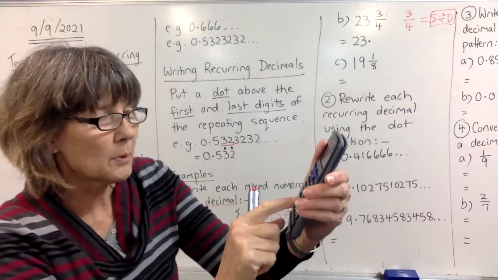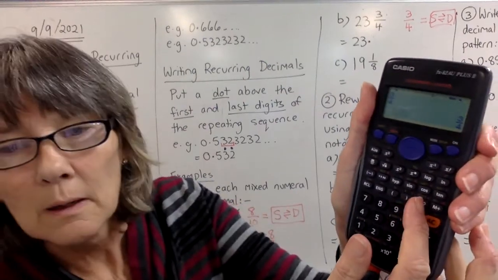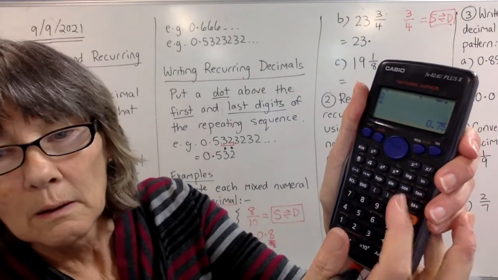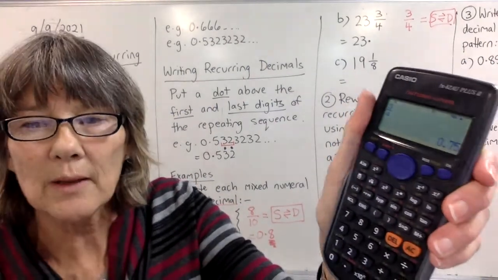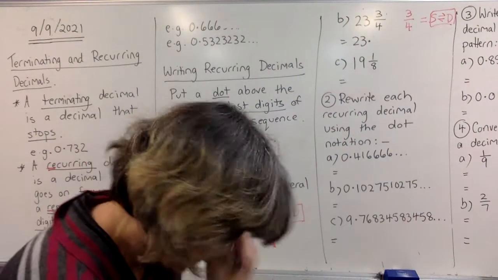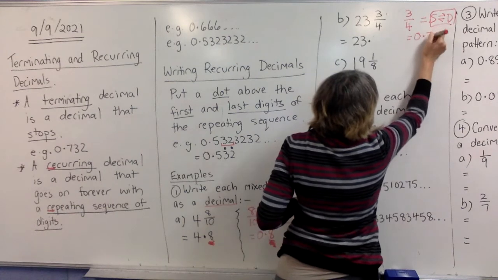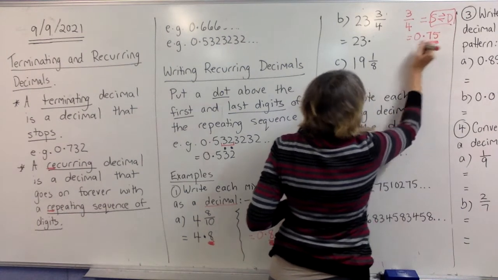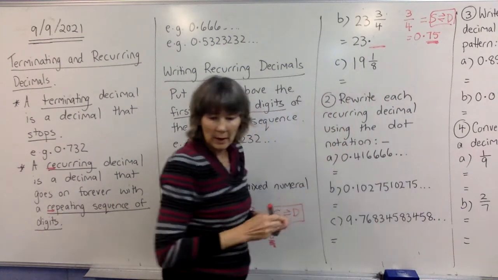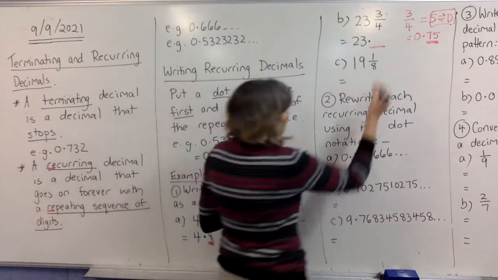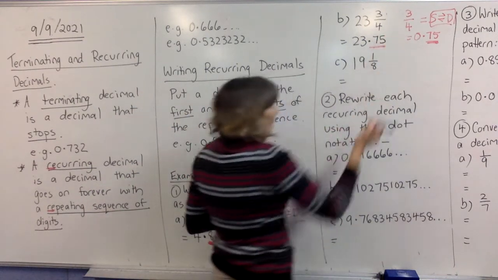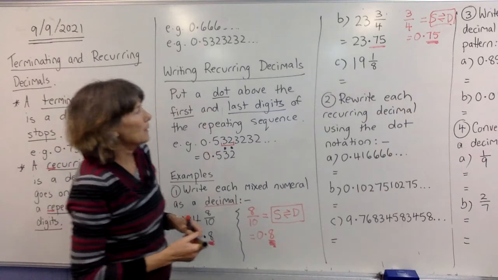Same thing. Press the SD button up here, and you get 0.75. So that's what the calculator gives us. So all we're looking at is the bit after the decimal point, and that's what we're going to write there. 0.75.